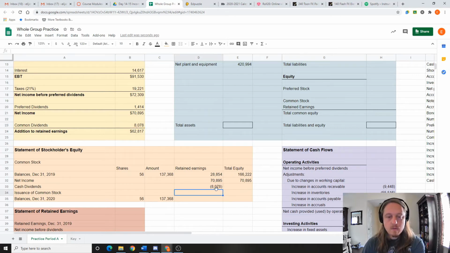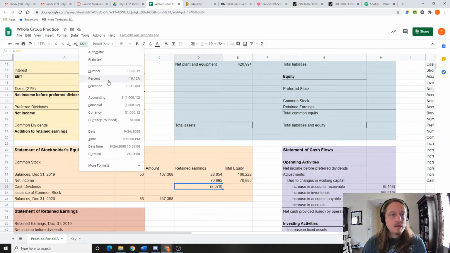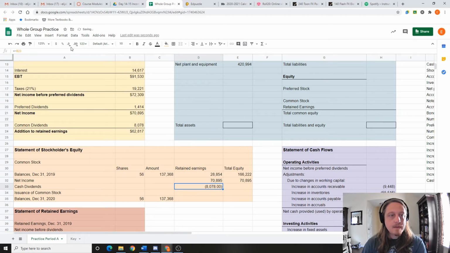So one more time, we would do equal, negative, and then that. Now this turned into parentheses. It may not have on yours. That's because I chose to turn this into accounting or financial. Actually, in this case, I did financial, and then I got rid of the decimals. So that's why it's showing up as parentheses on mine. And that's the way I like it. Over here, this of course is going to match. So this equals this. Great.